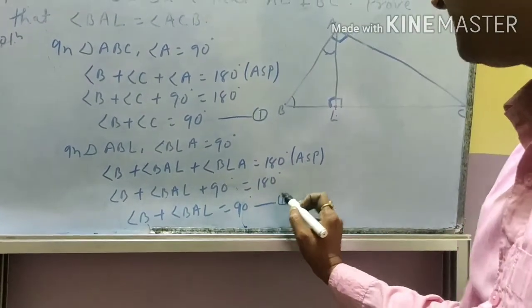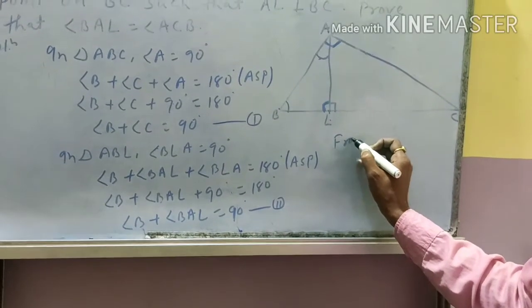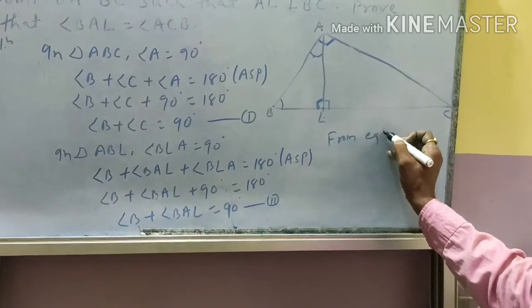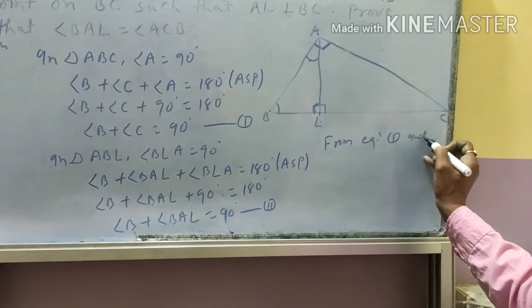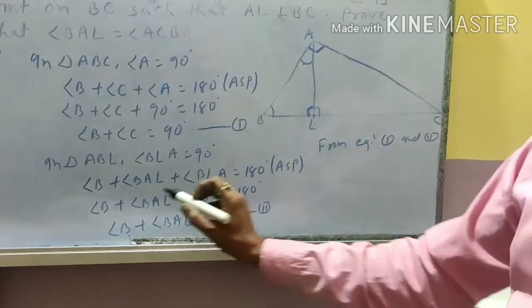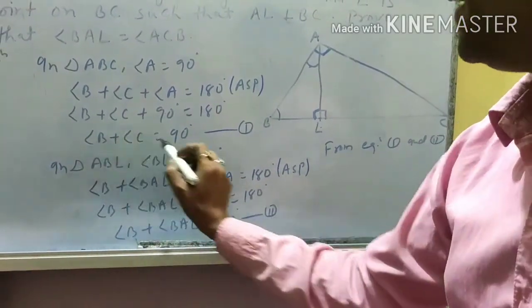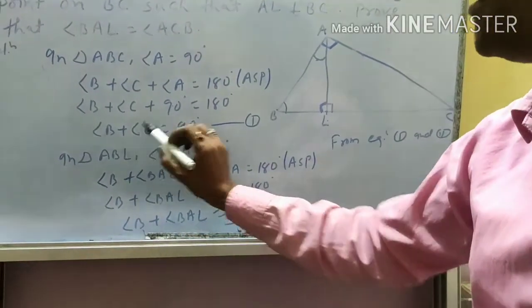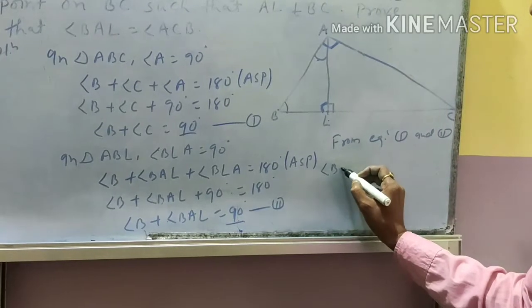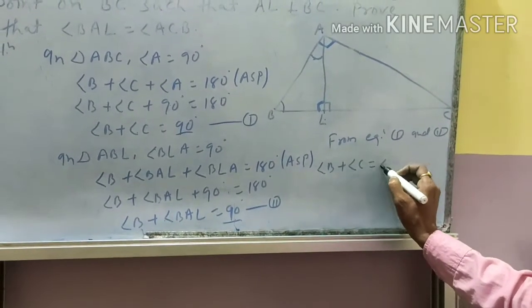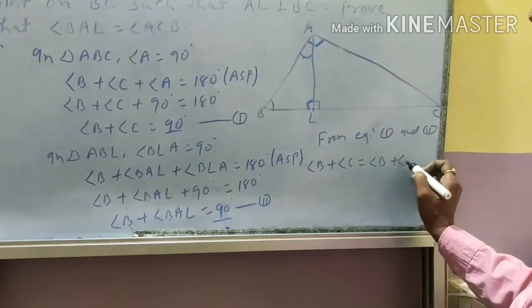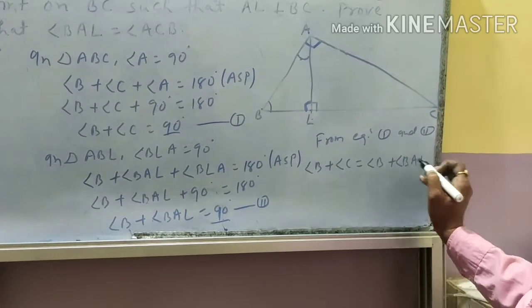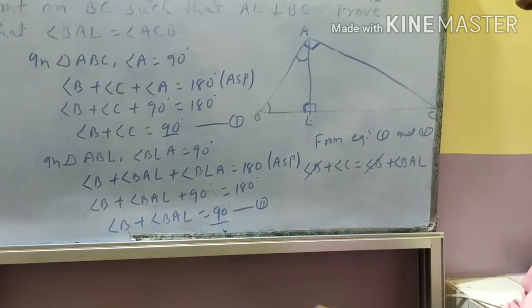This is equation second. From equation first and second, this value is 90 degrees and this value is also 90 degrees. So this value is equal to this value. So angle B plus angle C is equal to angle B plus angle BAL. Here students, angle B and angle B cancel.